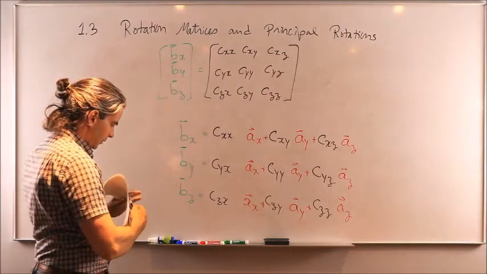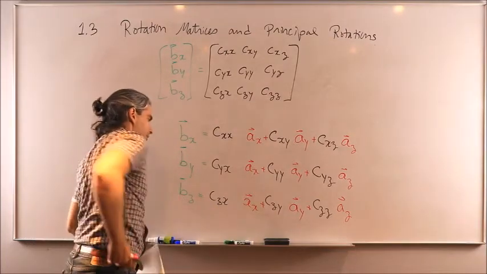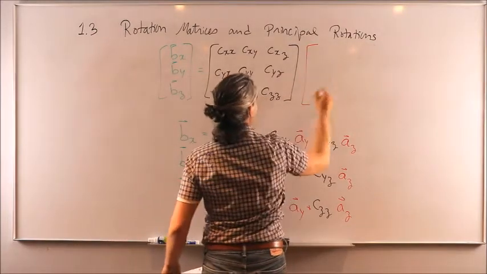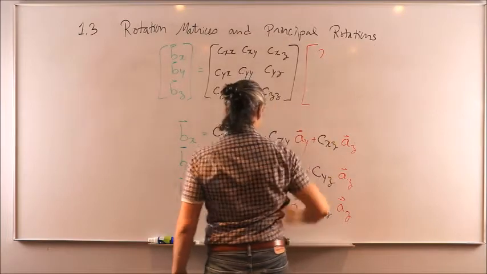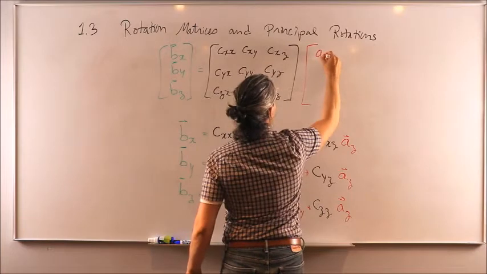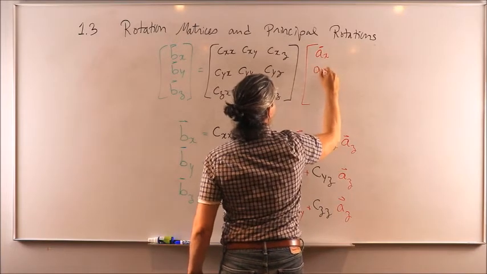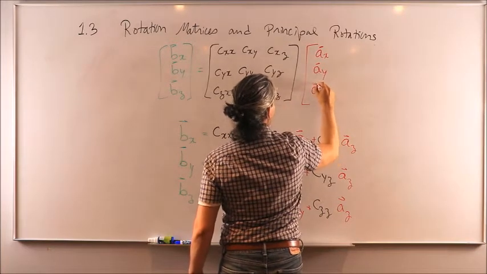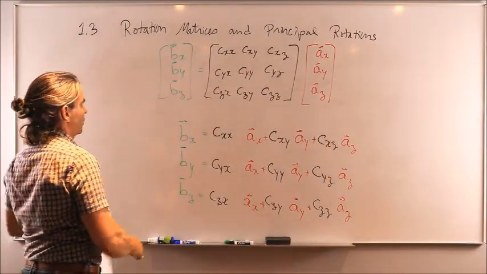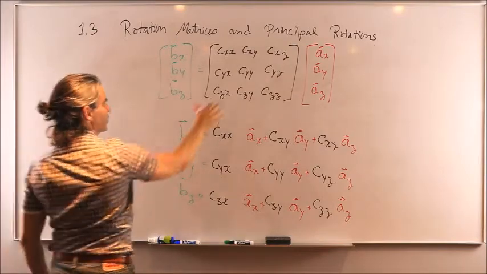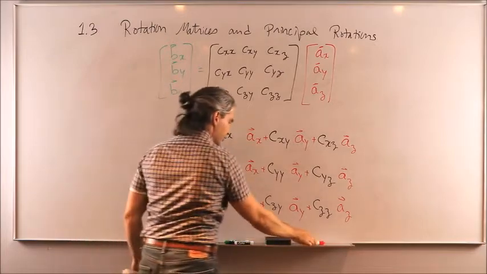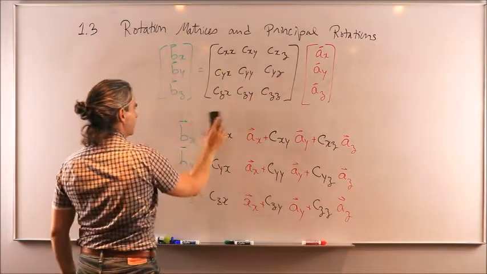And this is going to be multiplied with the remaining unit vectors on the right-hand side. I'm going to concatenate into a 3x1 matrix AX, AY, AZ, like that. So those two things are perfectly equivalent. It's just a cleaner, more compact way of writing what we had before in terms of matrix operations now.